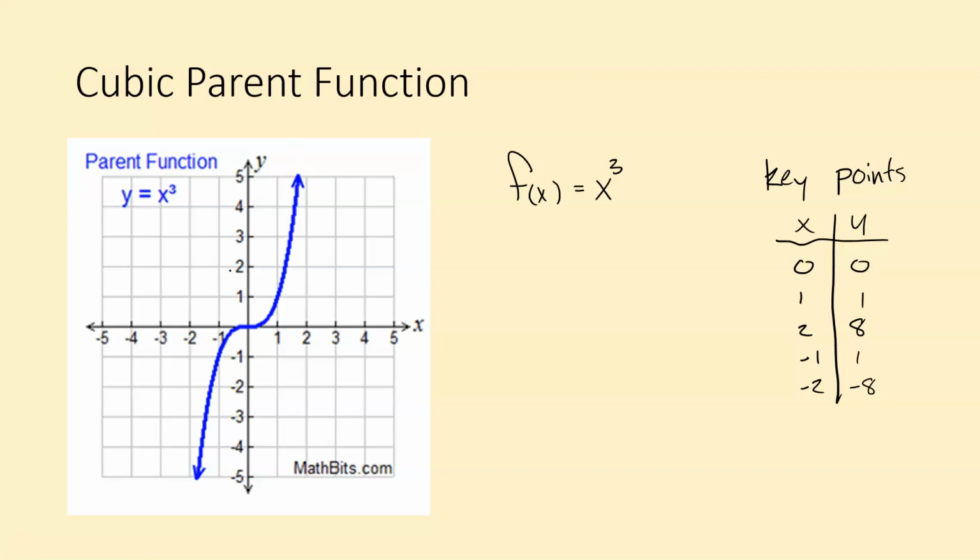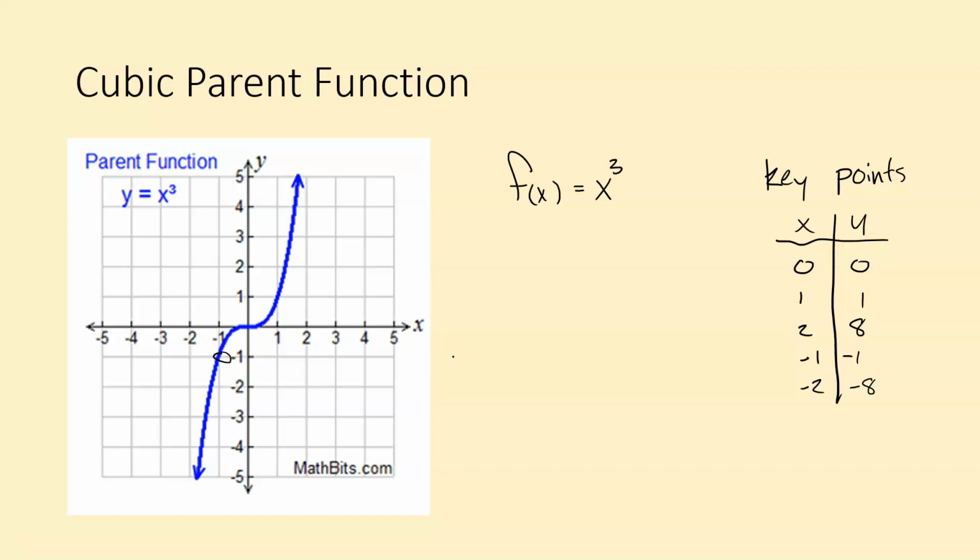And a big difference between the cubic and the quadratic now is the left side of the graph. With the quadratic, the negative numbers have positive outputs, but with the cubic, this left side flips down, and as you put in negative numbers, the outputs are negative as well. You have negative 1 cubed is negative 1 as well, right?